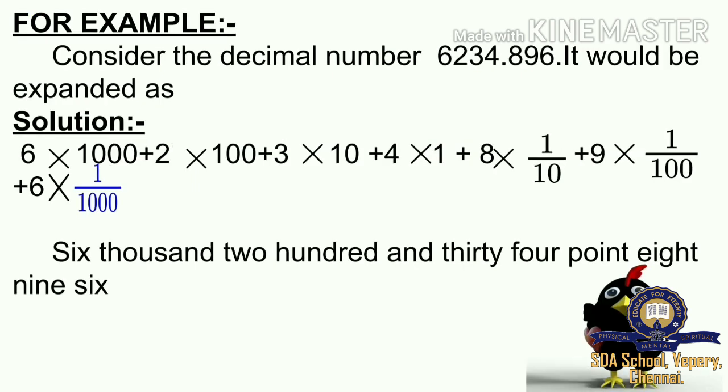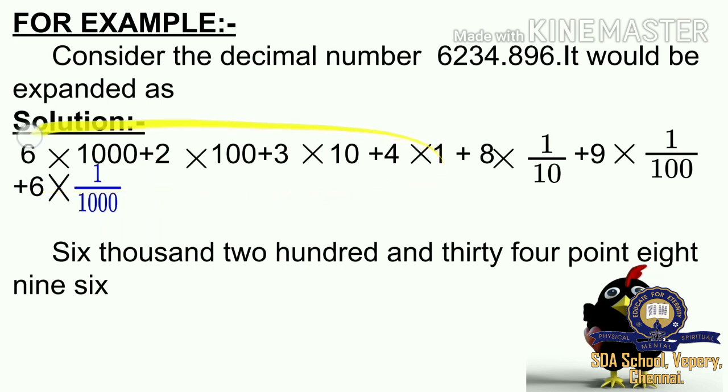Let's see one example. Consider the decimal fraction 6234.896. How will it be expanded? After the point, it will be in decimal fraction, okay? It will be in the fraction. Let's see, 6 into 1000 plus 2 into 100 plus 3 into 10 plus 4 into 1.